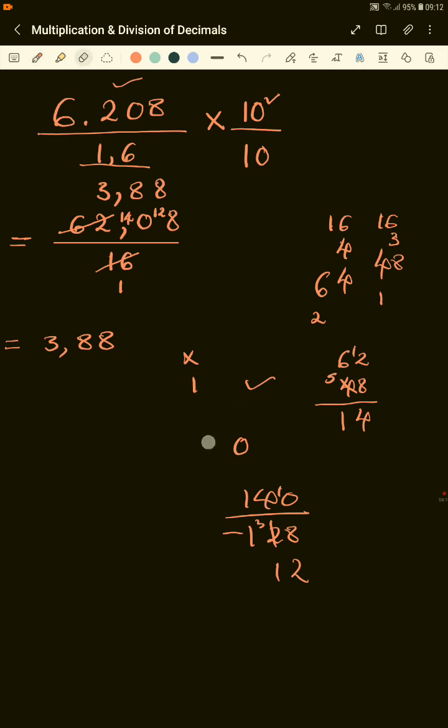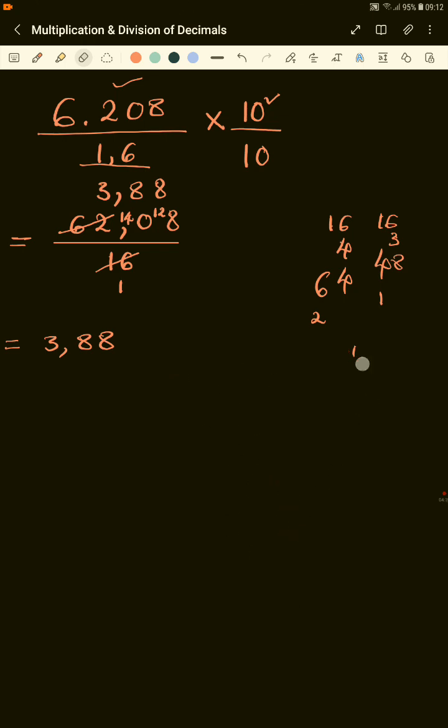We could have looked at it another way, because here I divided with a big number. You could have tried to divide with a smaller number. Like this one, 62,08 over 16. Since this number is ending with 8, it means 4 is a factor.